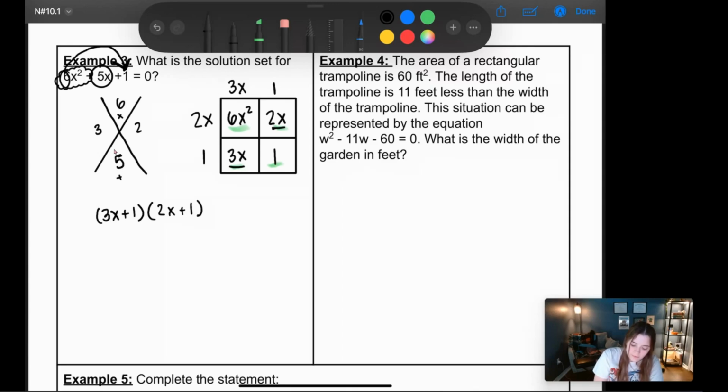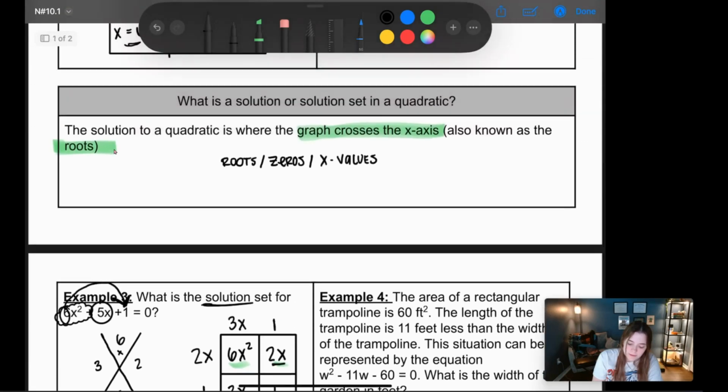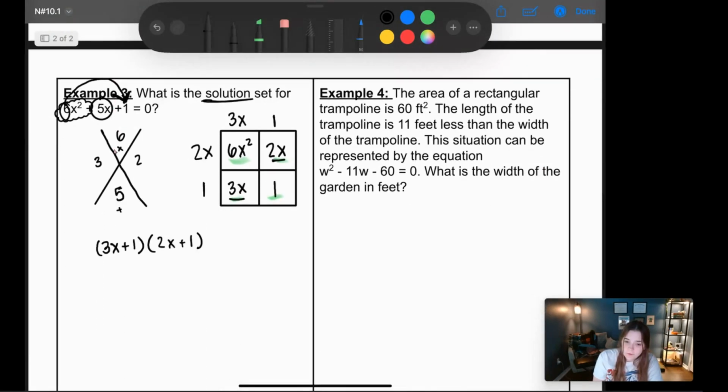But remember, I'm not done there because I'm looking for my solutions or my roots, zeros, x values. So I'm going to solve for x. So 3x plus 1 is equal to 0. Is it easier if I'm trying to get x completely alone? I am trying to go on a date with x. I want them completely by themselves so I can get all of their attention.